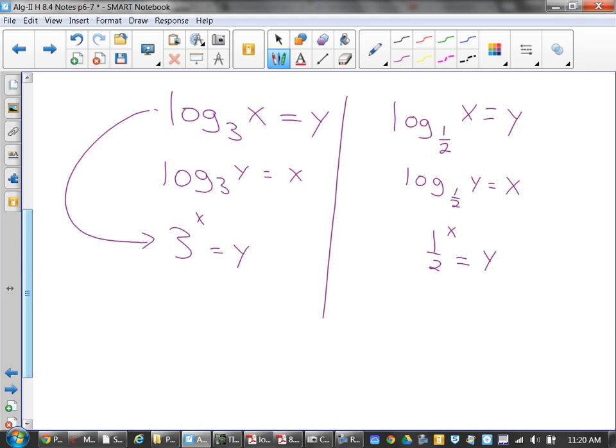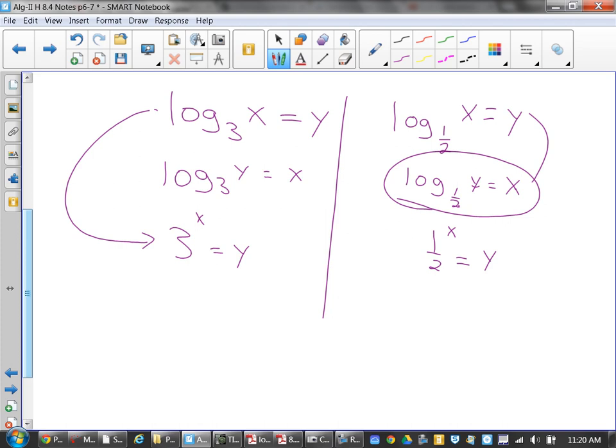No, because once you flip-flop x and y, the rule of the logarithm is 1/2 to the x is y. You're just using your exponent. You're writing it in exponential form. That's it. You just rewrite it through.